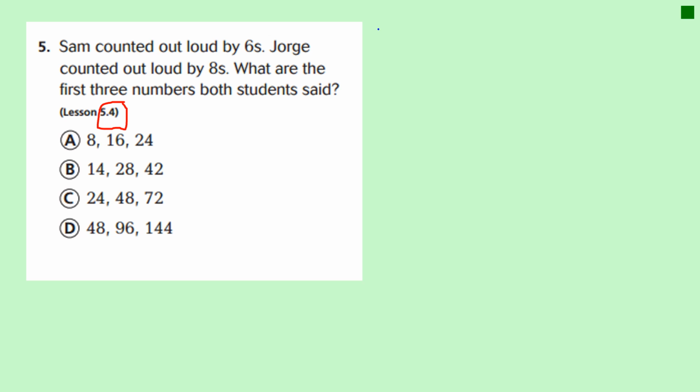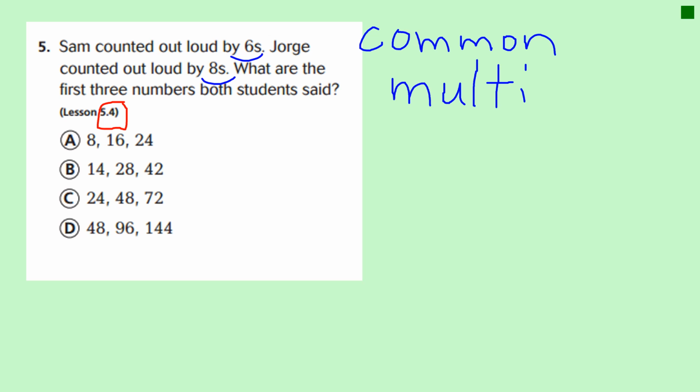These are our friends called common. Remember, you have things in common, they're the same. And when you count by 6s or by 8s, those are, say it before I finish it. Did you say it? I think I heard you. Common multiples. Yes, we're looking for the first 3 common multiples.